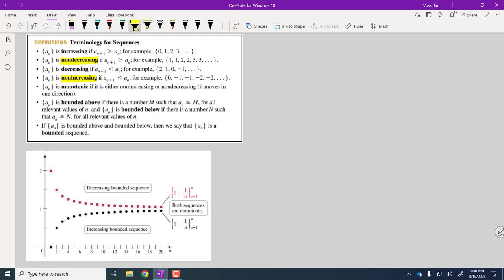So if a sequence is not decreasing, it's either staying the same or going up. So it's flat or going up. That's non-decreasing. It's not increasing because there's some flat spots. Right? So if there's some flat spots, it's not increasing. So non-decreasing means it stays flat or it goes up. It trends up. But there are some flat spots.